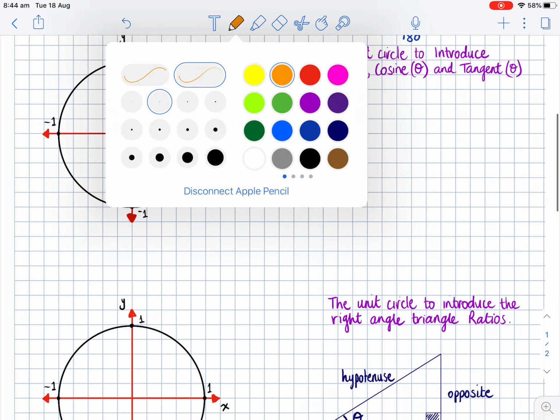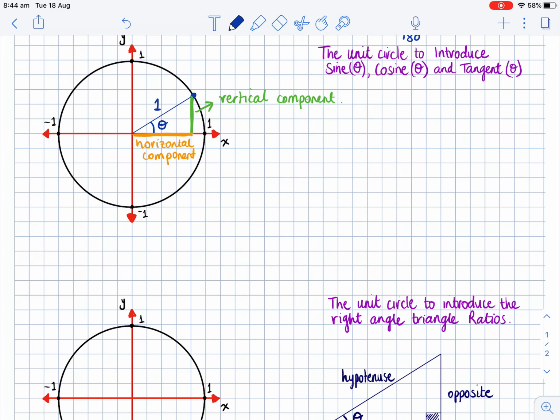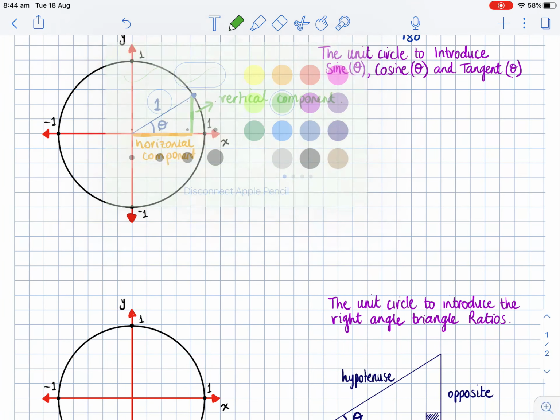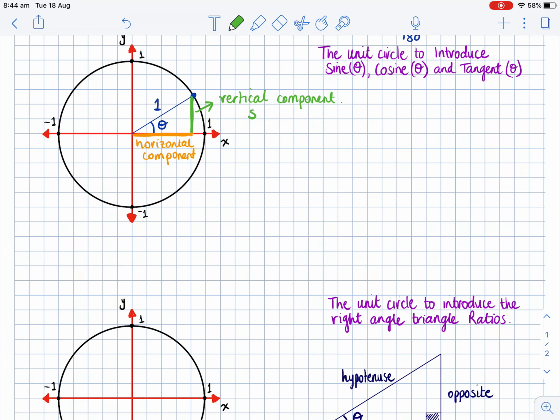So what somebody did is they decided, let's write the vertical component as a function of the angle. And for whatever reason, they decided to call the vertical part sine, and they said it functions based on the angle.